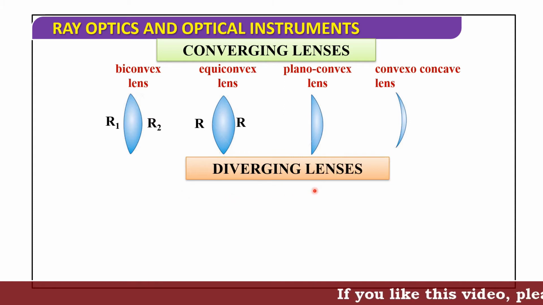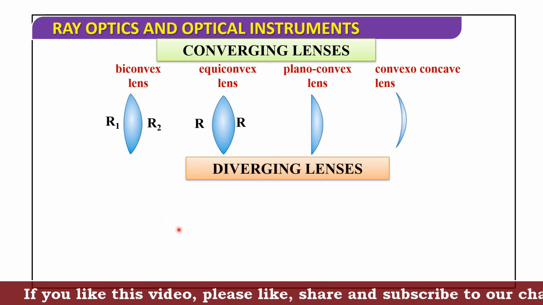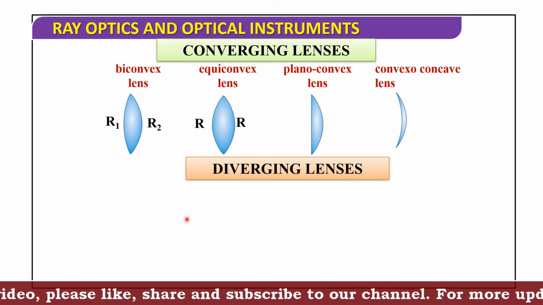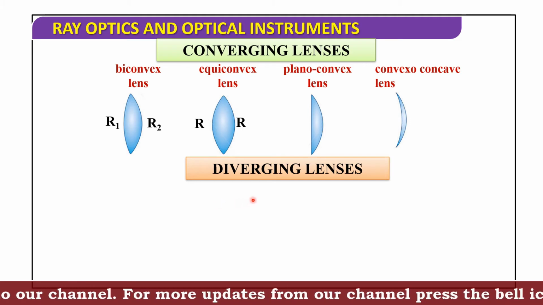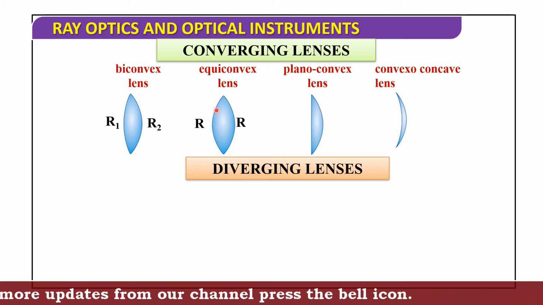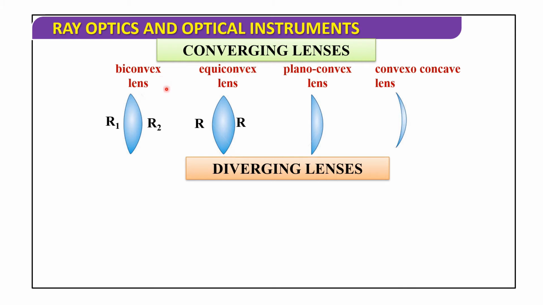Actually, the lenses are two types, convex and concave, and the other lenses are plano convex lens, plano concave lens, convexo concave lens. Here the convex lens, or we can call it by another name, converging lens. In converging lens: biconvex lens, equiconvex lens, plano convex lens, convexo concave lens.